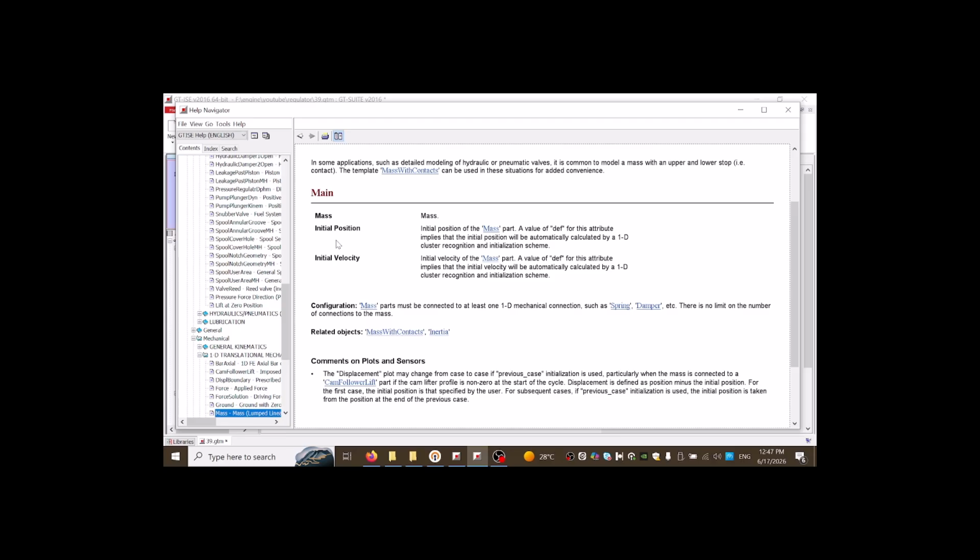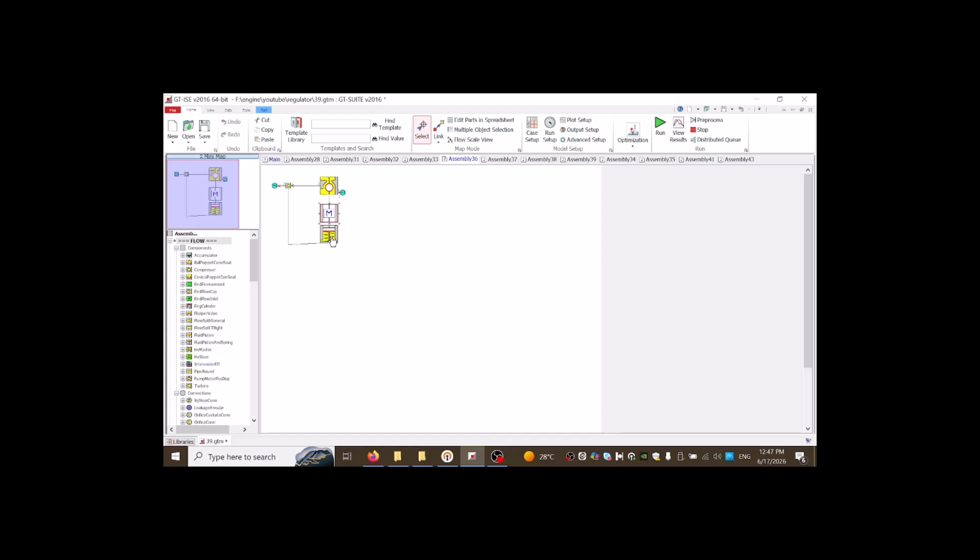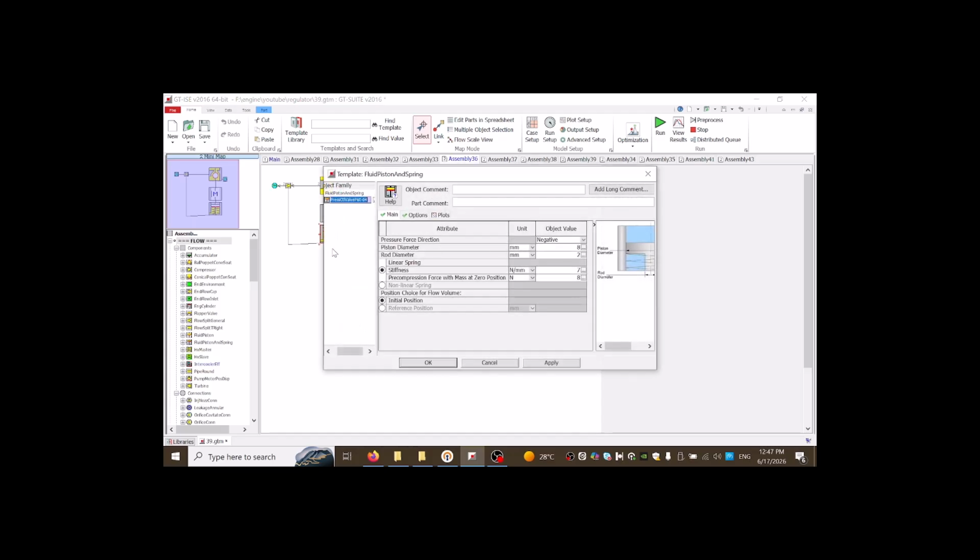And about mass, on the main tab, we have mass, initial position, and initial velocity. In the same way, we have a spring that has piston diameter, rod diameter, stiffness.